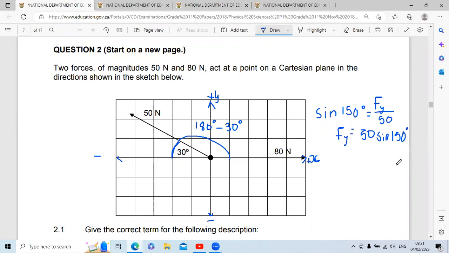So do you guys understand so far? Our answer is gonna be force of y is gonna be 50 sine 150, then that's gonna be 25 newtons.